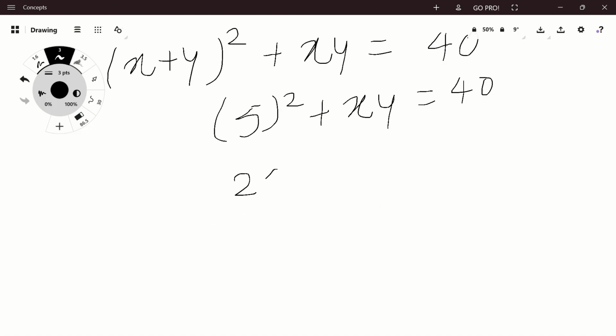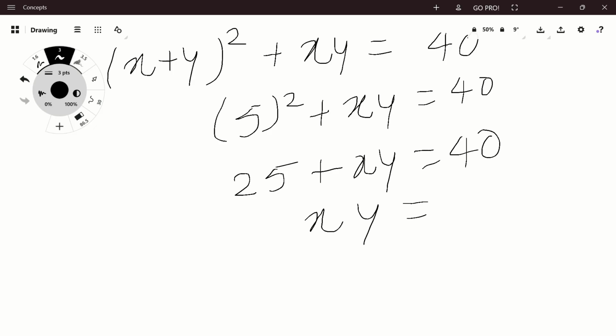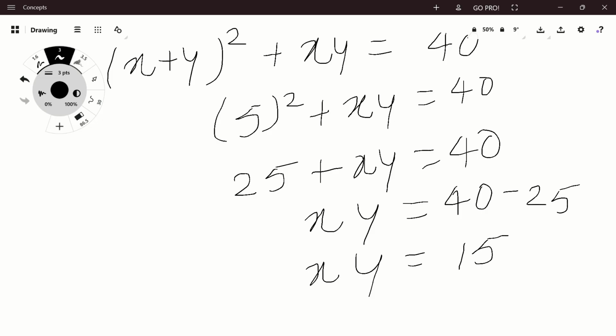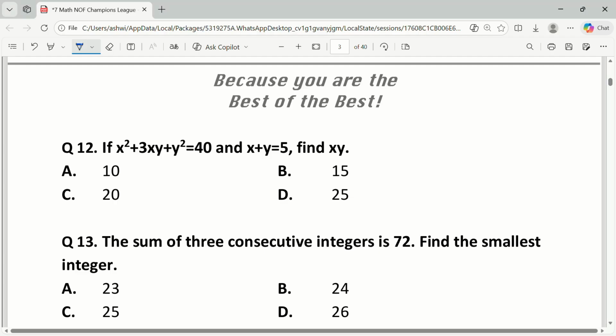So, 25 plus xy is equal to 40 and xy is equal to 40 minus 25. So, xy is equal to 15. So, the value of xy is 15, which is option B.